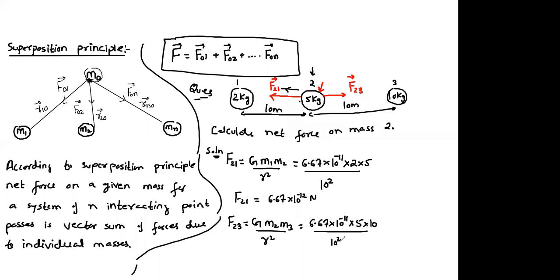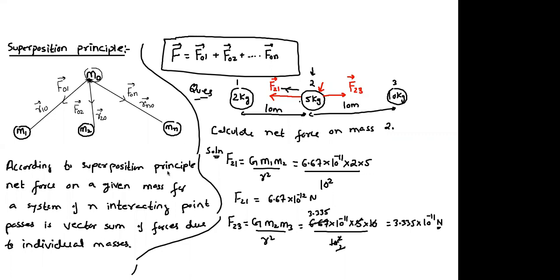This 10 will cancel the square, the 10 will be left, and 5 twos are 10. So this is 3.335 into 10 raised to the power minus 11. So this is F21 and F23.